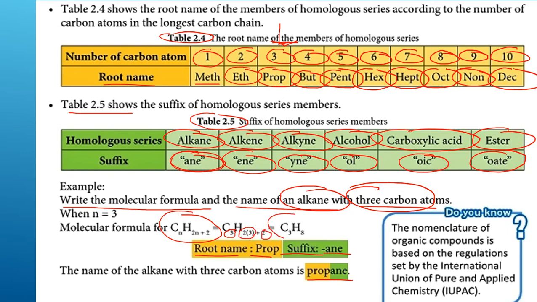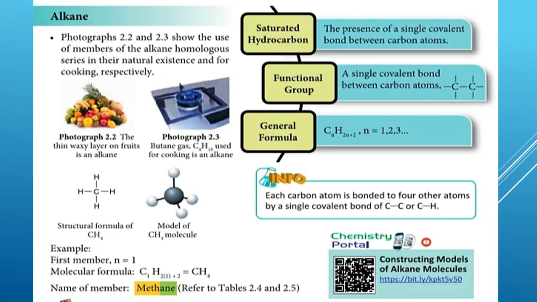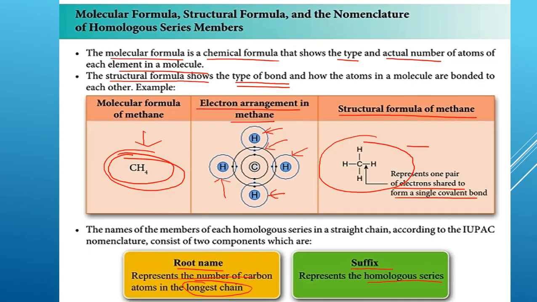So this is the molecular formula, C3H8. What is this C3H8? This is propane. So kita sudah cari dia punya molecular formula and also dia punya naming, propane. Itu adalah cara untuk penamaan dan juga structural formula dan juga molecular formula dia.